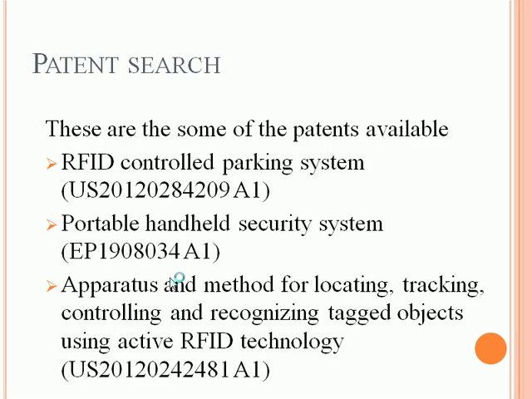I looked at some of these patents, like the RFID controlled parking system. In this one, we have electronic device RFID tags embedded in cars, so that when we enter the parking area, they keep all the records of that.